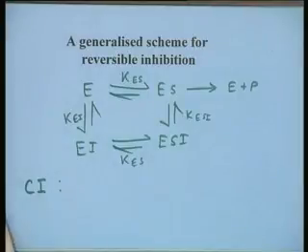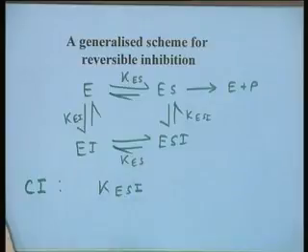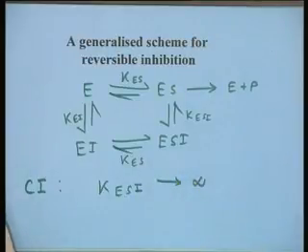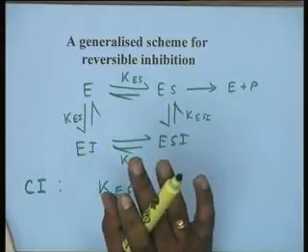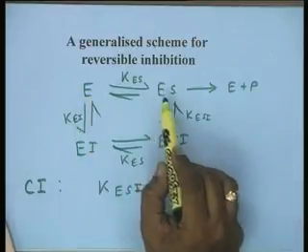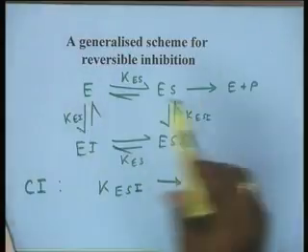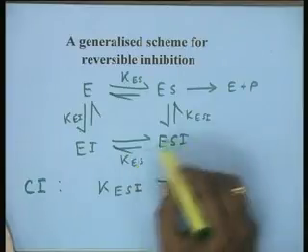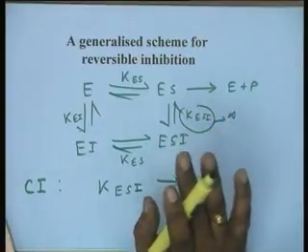Your KESI will tend to infinity. KES and KEI will have definite magnitudes. That means the enzyme can bind either to inhibitor or to a substrate, but the KESI will be infinity, and that is a typical case of a competitive inhibitor.